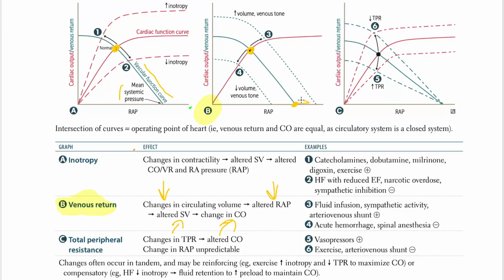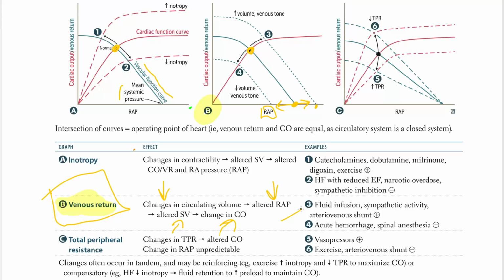Either it's going to increase the mean systemic pressure or decrease the mean systemic pressure, or another way, it's going to decrease the RAP, which is right atrial pressure, or increase the right atrial pressure, right? So what are the things that would change the venous return? Okay, let's look at it.